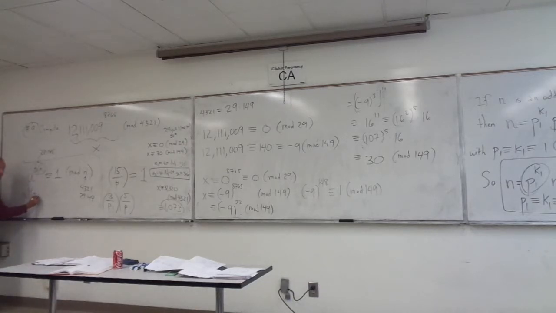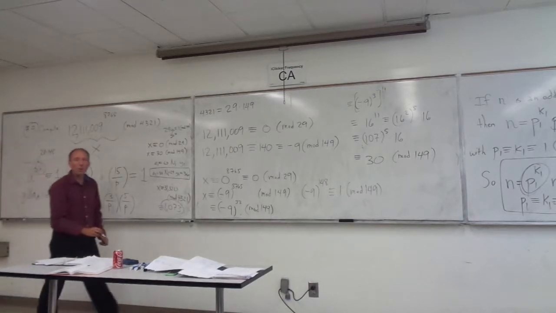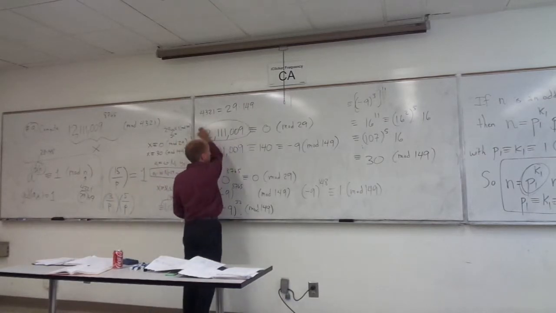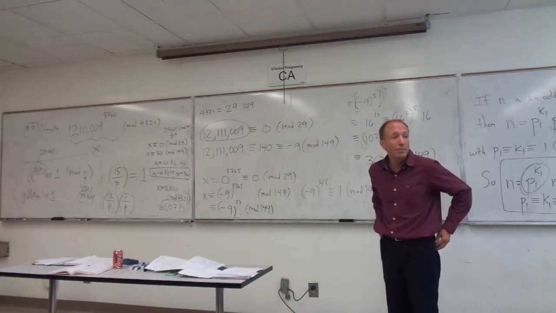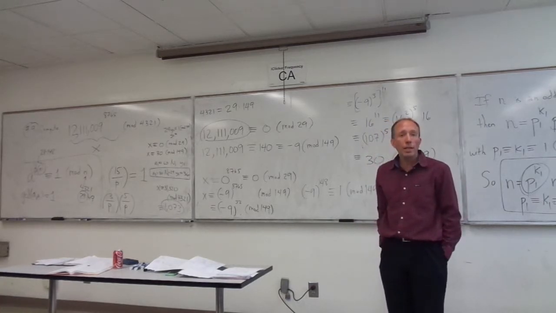In order to use this Euler's generalization, the greatest common divisor of a and n has to be 1, but didn't we just figure out that there's a common factor of 29 in both? This number has 29 as a factor, and so does the mod. So be a little careful.